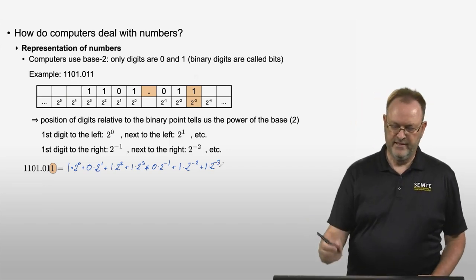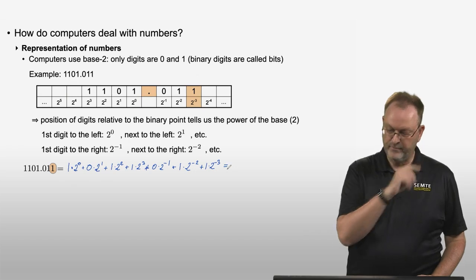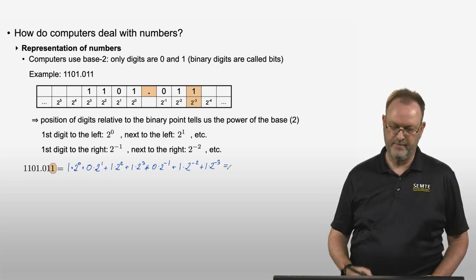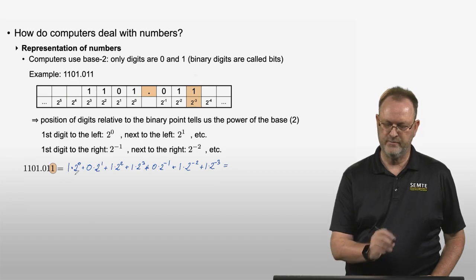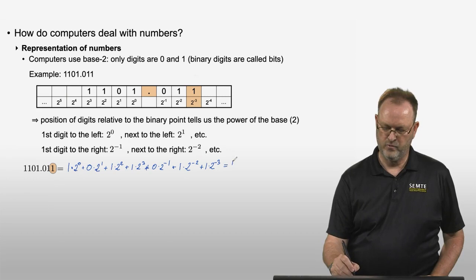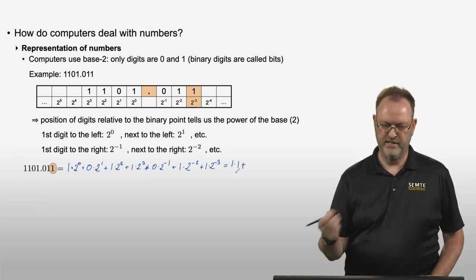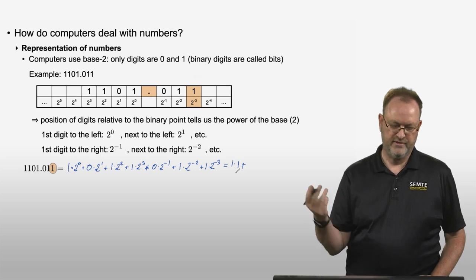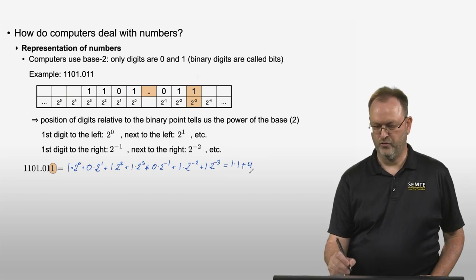Okay, so this number now we can write as a decimal number if we do the individual math steps. The first thing over here is a 1 times 2 to the power 0. 2 to the power 0 is 1. So we have a 1 times 1, plus a 0 times 2, that's just 0. Then we have a 1 times 2 to the power 2, so that's 4.